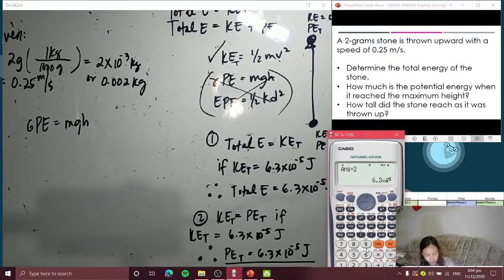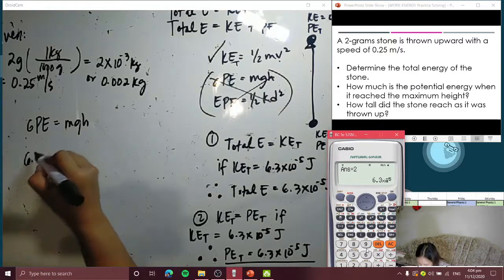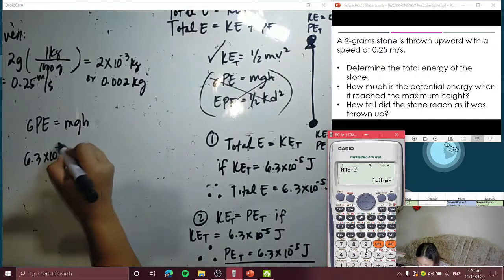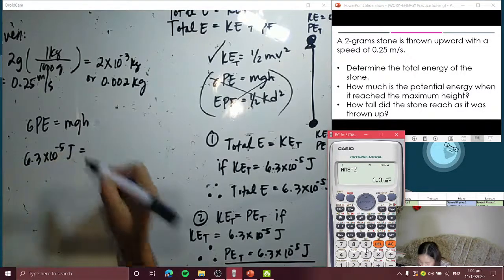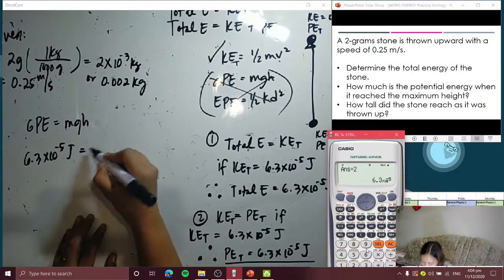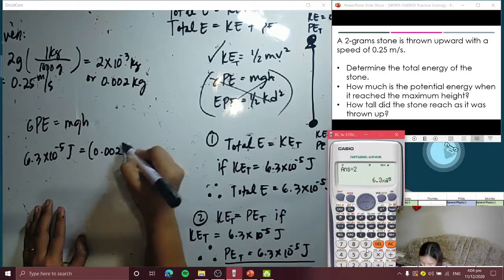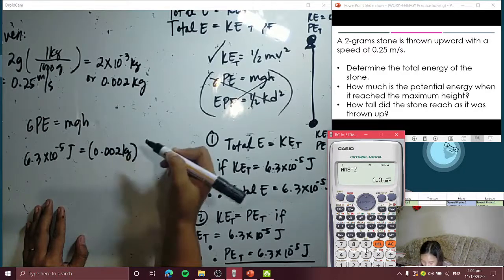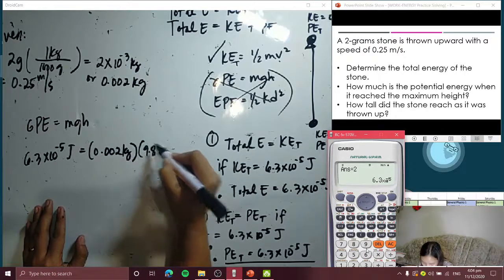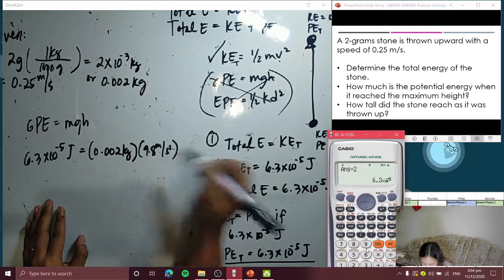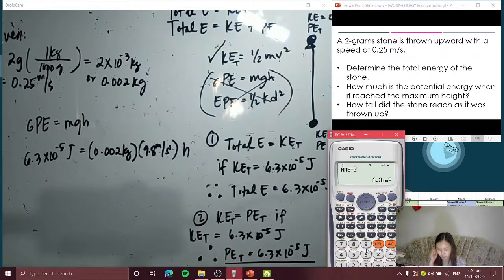6.3 times 10 to the negative 5. So 6.3 times 10 to the negative 5 joules is equal to the mass, 0.002 kilograms, times 9.8 meters per second squared, times, of course, the height, which is the unknown.